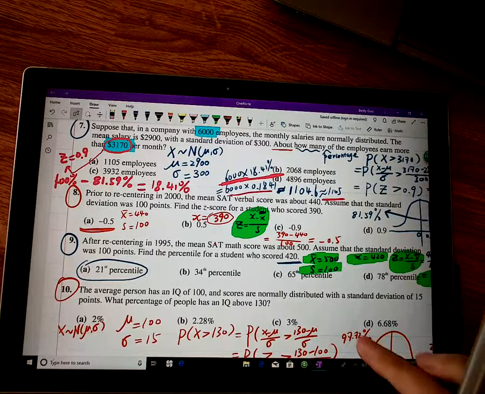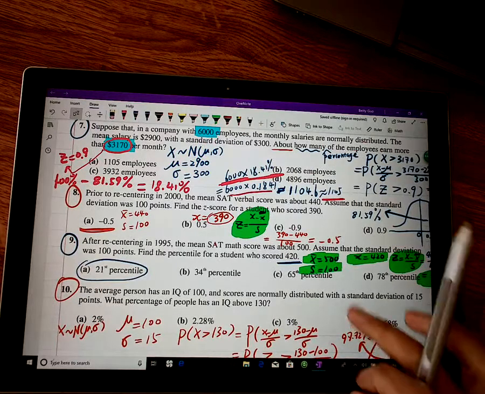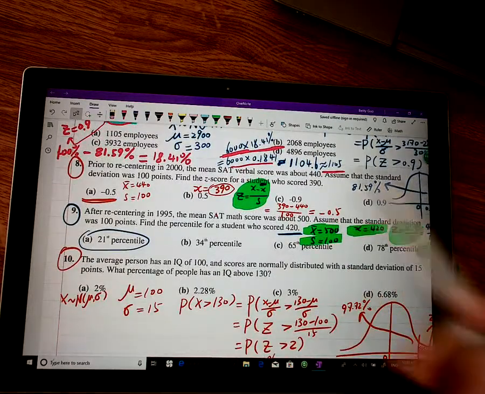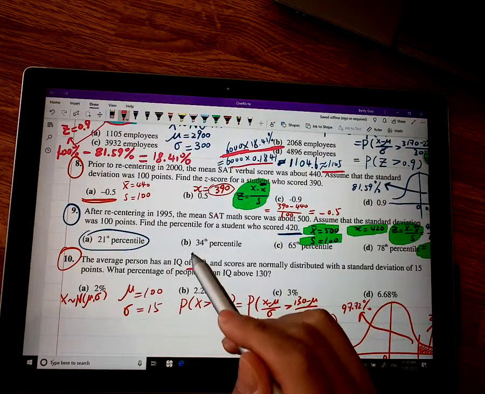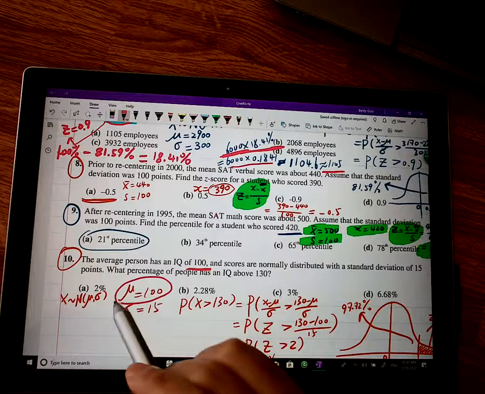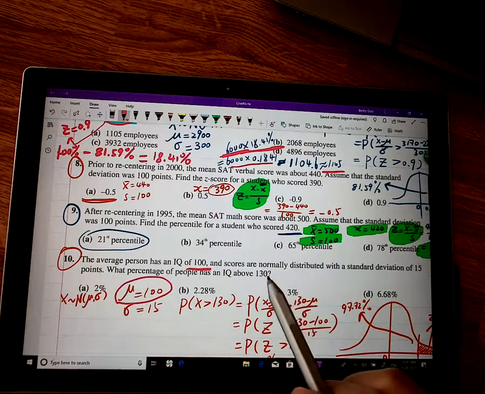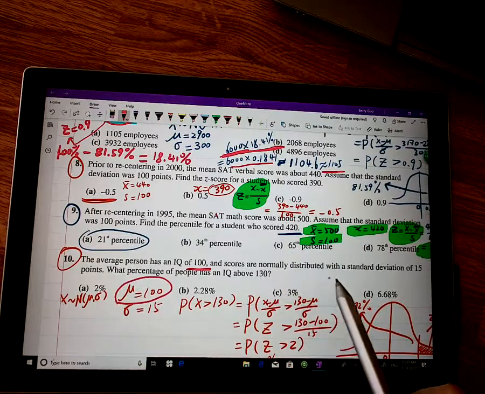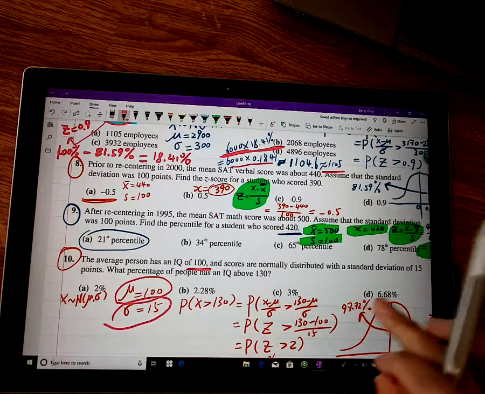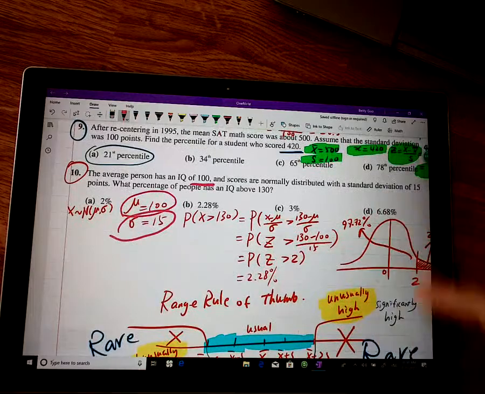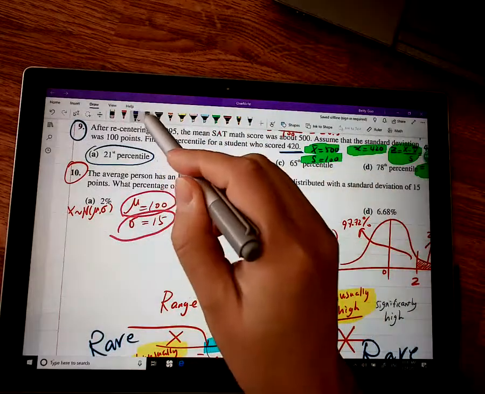Number 10. The average person has an IQ of 100. How do you understand that value? Average, that is the mean, mu. Mu is 100. And the scores are normally distributed. Standard deviation 15 is given. What percentage of people have an IQ above 130? So 130 is an important value here.